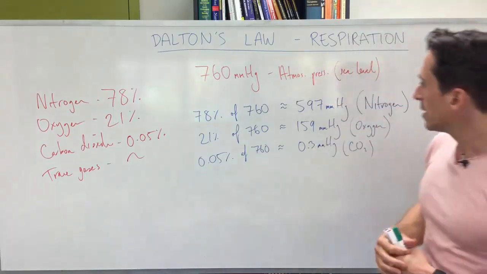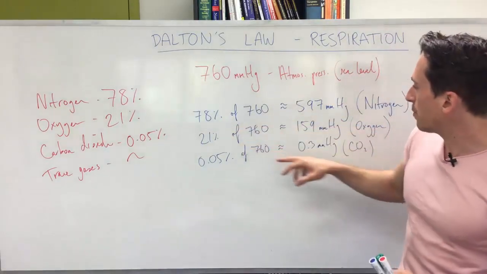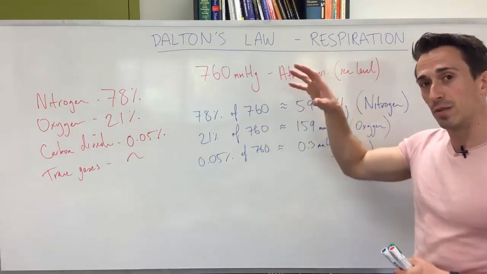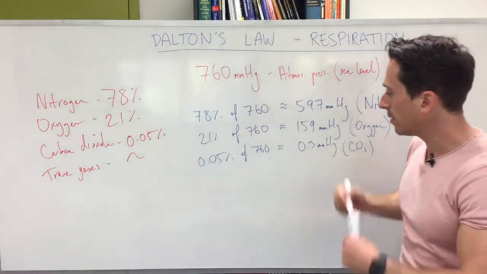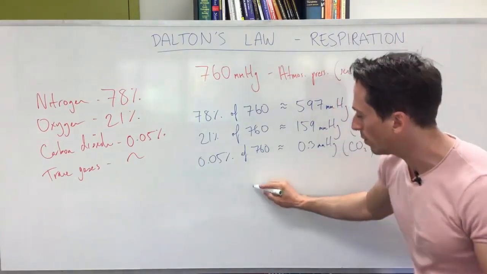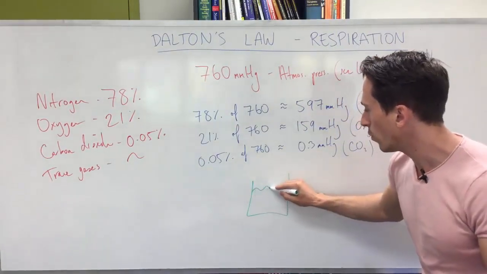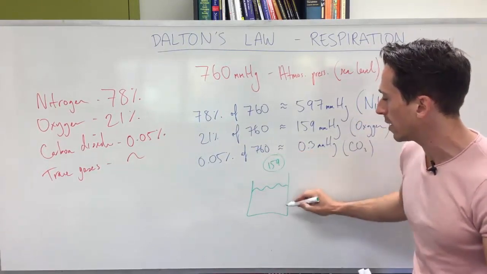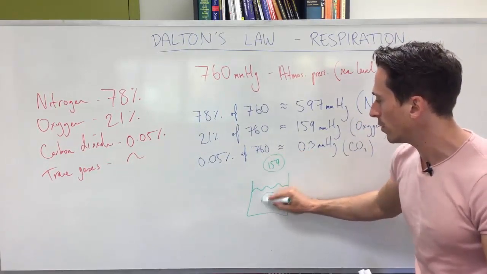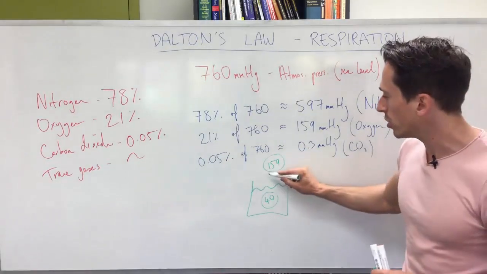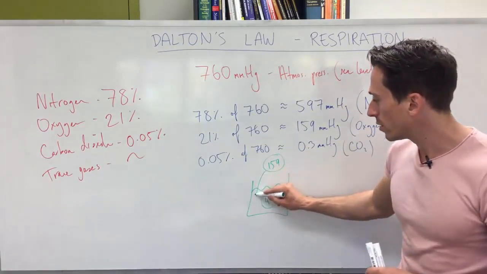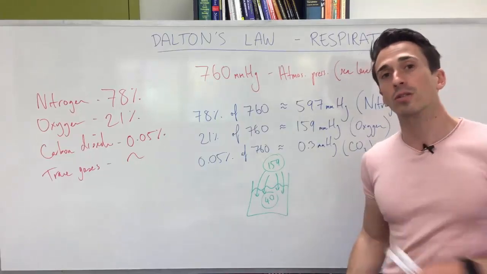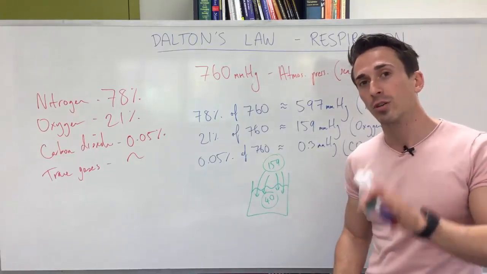So what that means is if, for example, oxygen is 159 millimeters of mercury in the atmosphere, and you were to have a container with water, and it was 159 millimeters of mercury outside the container, but only 40 millimeters of mercury in the container, this oxygen will diffuse or dissolve into this liquid down its concentration or pressure gradient.